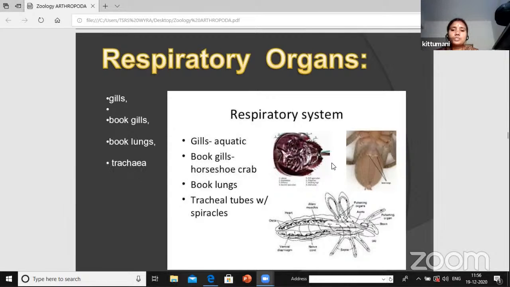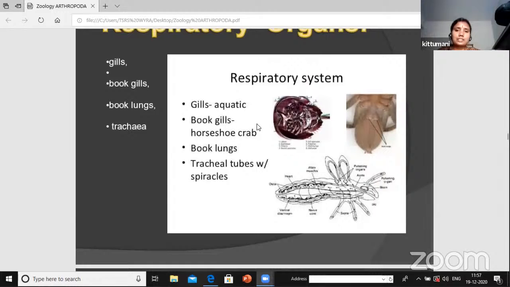Here we will observe the different types of respiratory organs present in different arthropods. Here gills in the aquatic modes means book gills, for example the horseshoe crab, Limulus, and book lungs, tracheal tubes and spiracles. Okay, they are also respiratory organs located in the arthropod organisms.